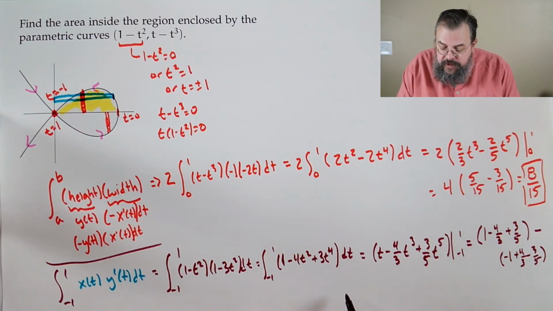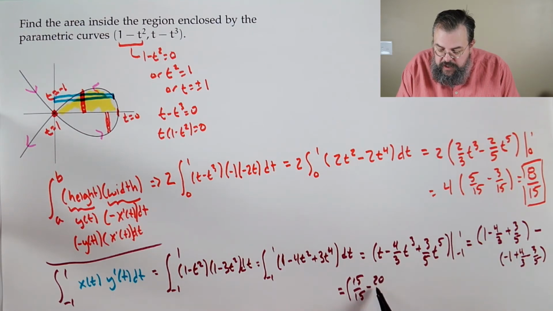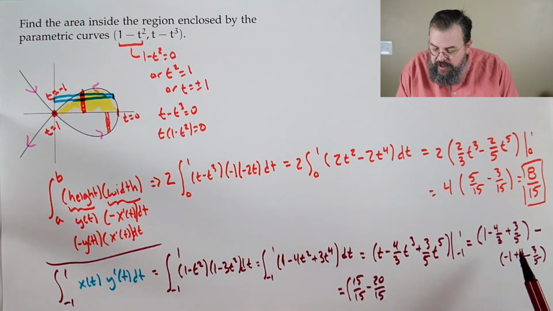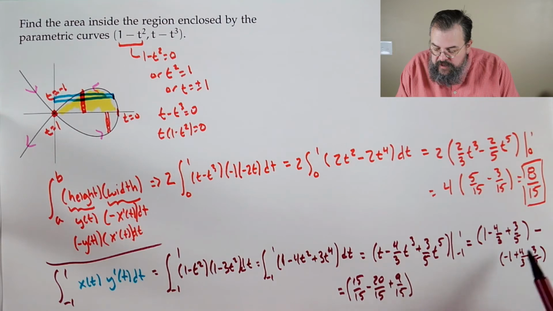So, in terms of common denominator, 15ths, what do you have? You have 15 15ths. Here, you have to multiply by 5. Minus 20 15ths. Ooh, that's pretty big. Here by 3. 9 15ths. And distribute the minus through.